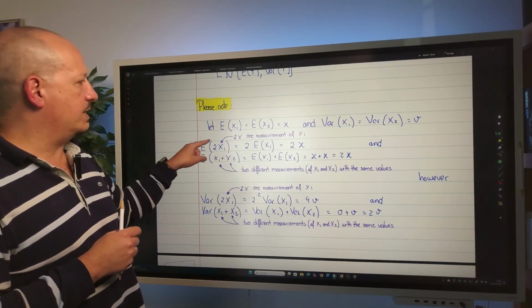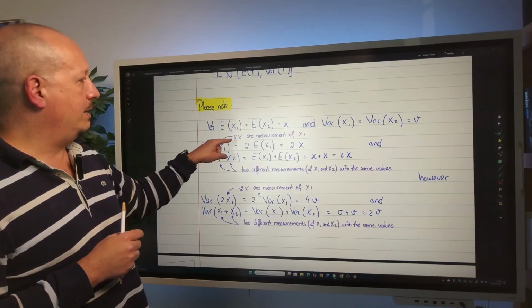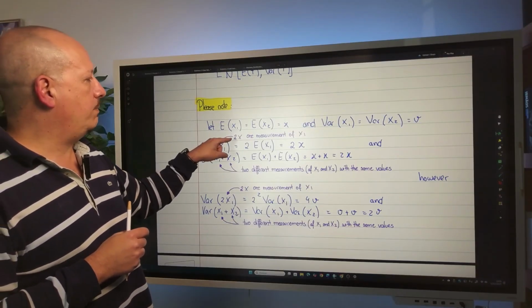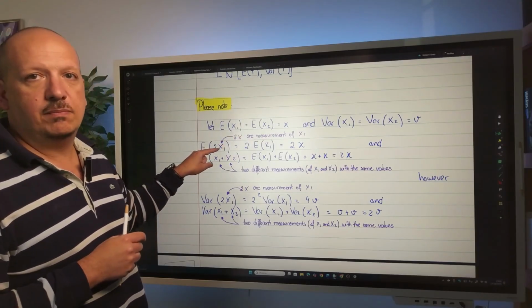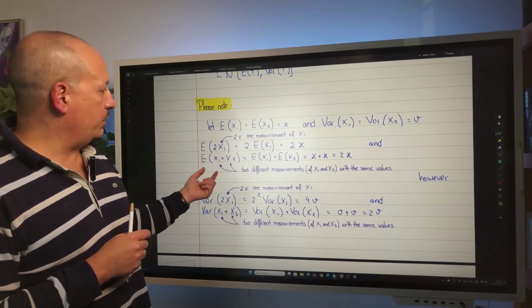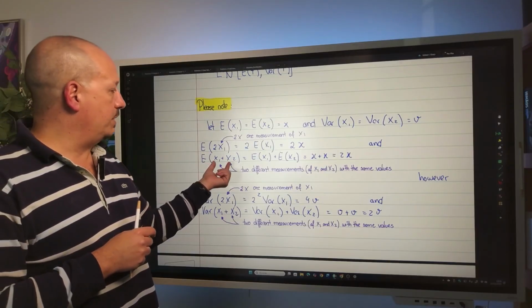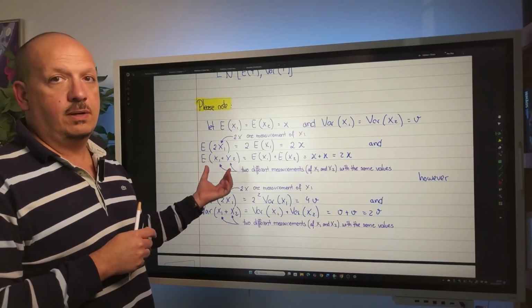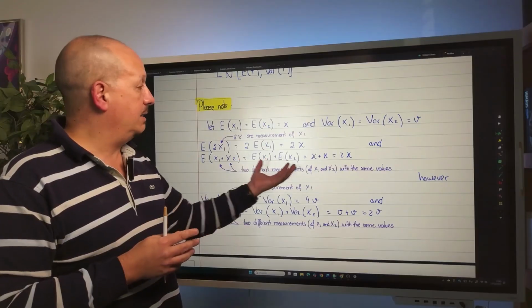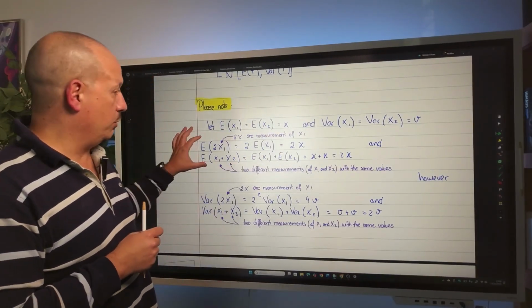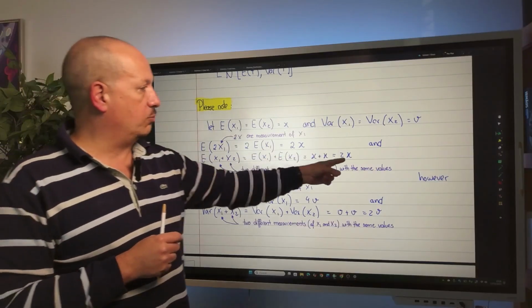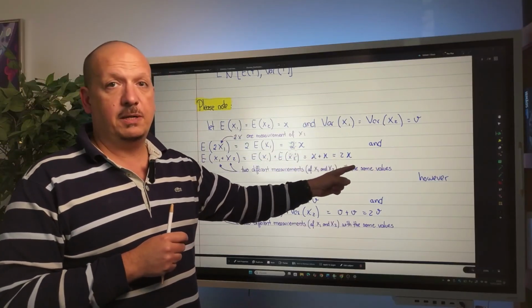You use the first only when you have 2 times the measurement of x1. And you use the second when you have 2 different measurements, x1 and x2, albeit the fact that they are the same. That is not very relevant when you're calculating the expectation. As you see, the result is going to be the same, okay?